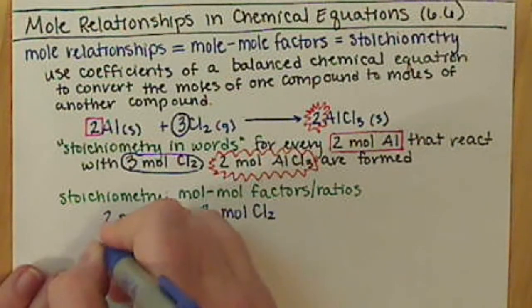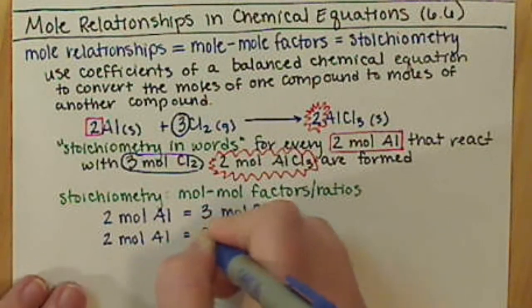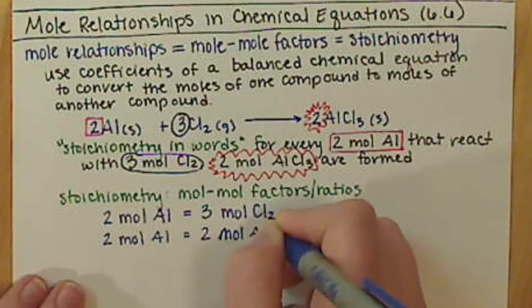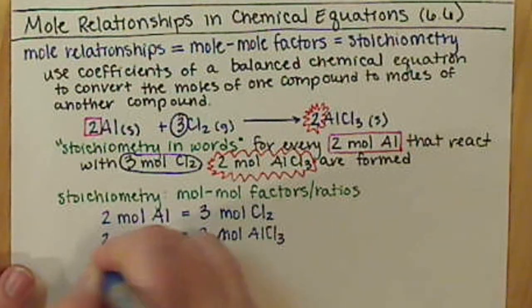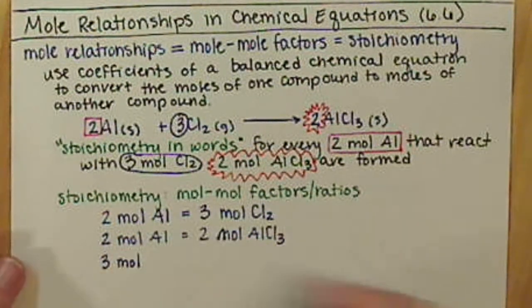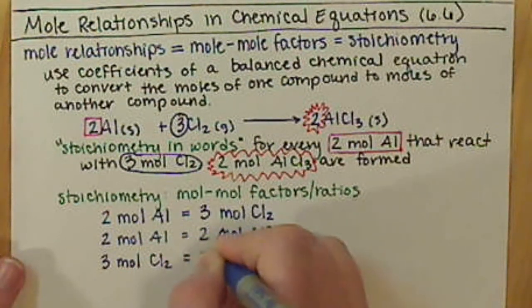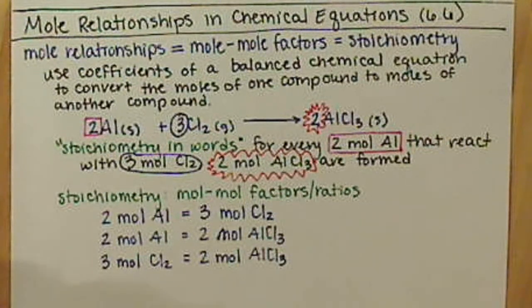Or we can also look at 2 moles of aluminum to 2 moles of aluminum chloride. Or our last ratio, we have 3 moles of chlorine to 2 moles of aluminum chloride.